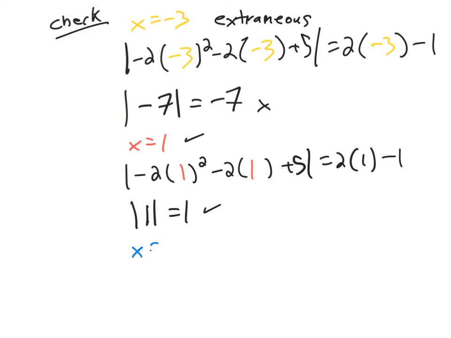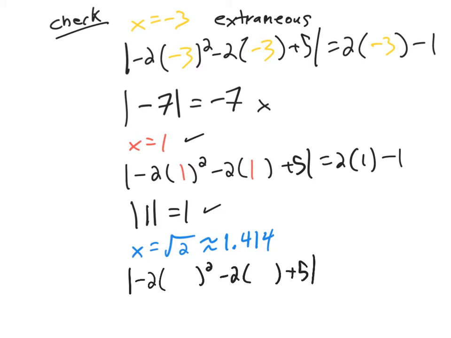Third possibility was x equals root of 2, which is approximately equal to 1.414. So once again, we're going to take the original quadratic absolute value function, and everywhere that we see an x, we're going to put in 1.414.